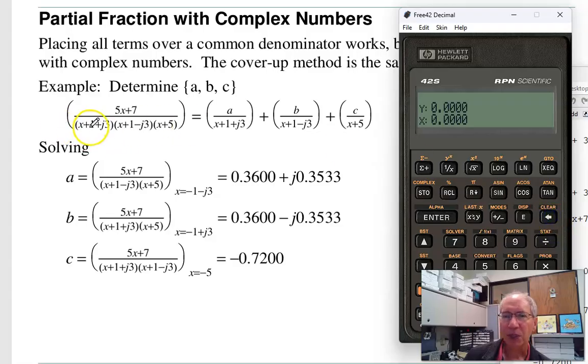We have x is minus 1 minus j3, so here's negative 1, negative 3, complex. Store x. Again, HPs don't care.